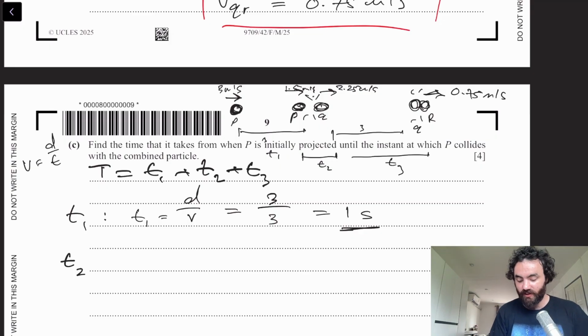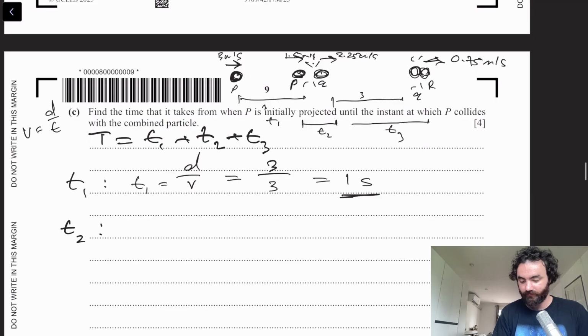So what is T2? Let's just find T2 for now, because it will show us how far P has moved and how close it is, and then it will help us find T3. Okay, Q is moving at 2.25 meters per second, and it moves 3 meters to hit here.